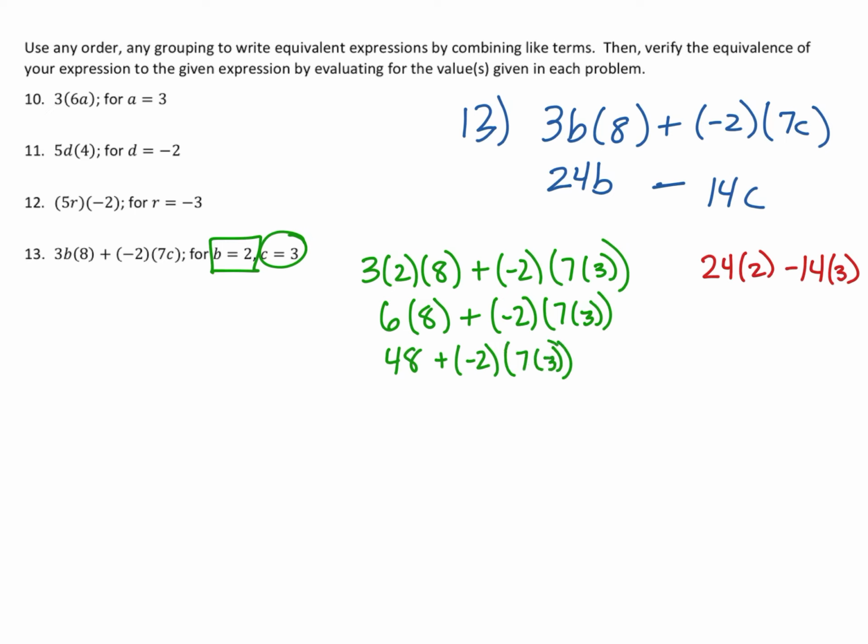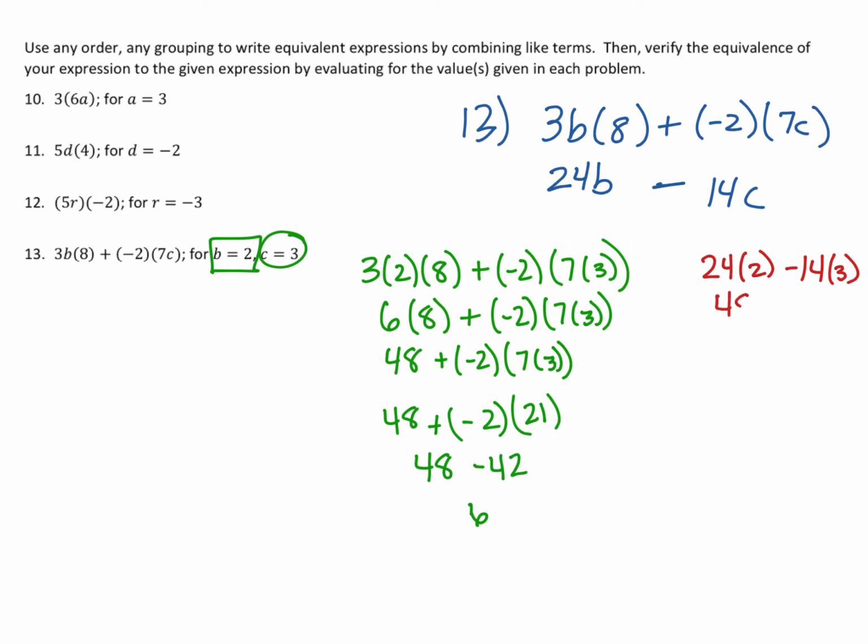Now we need to do the 7 times 3 because that's the innermost parentheses left. -2 times 21 is -42. And 48 minus 42 is 6.